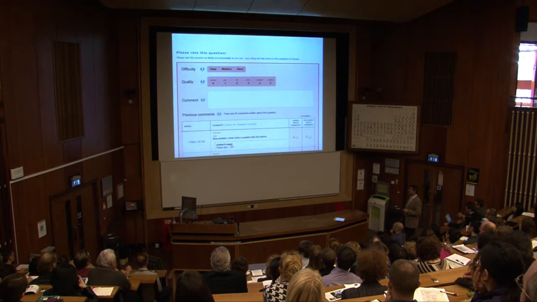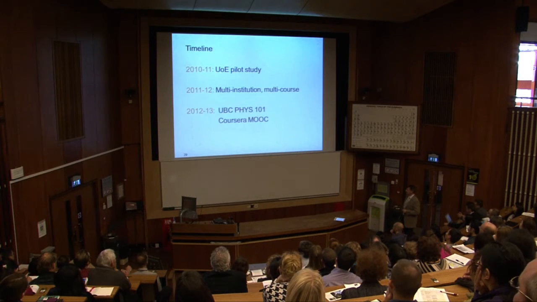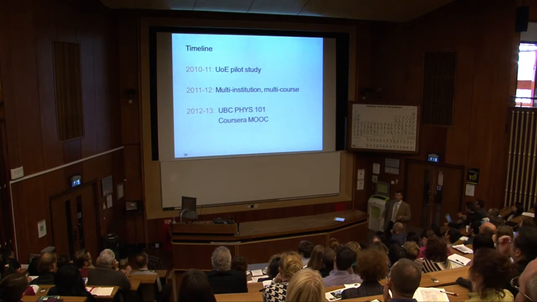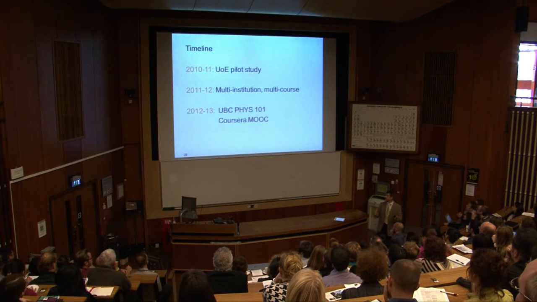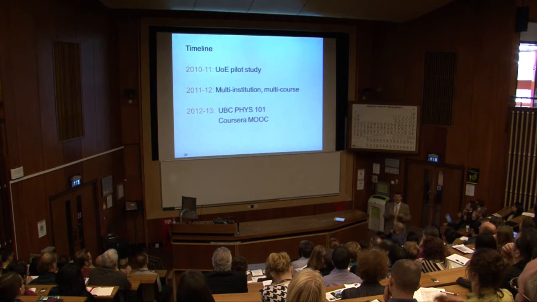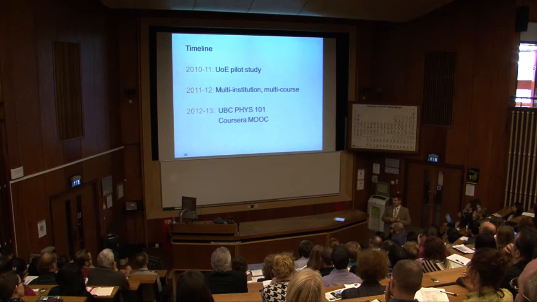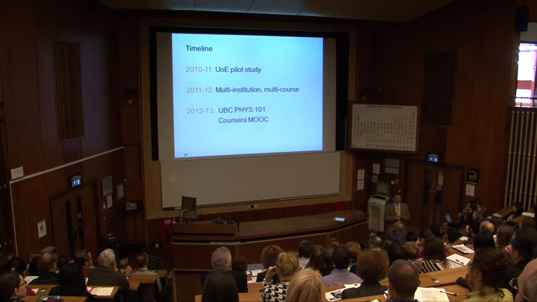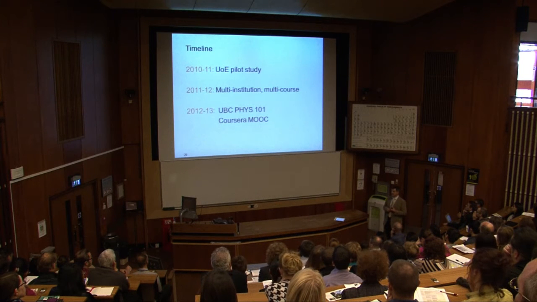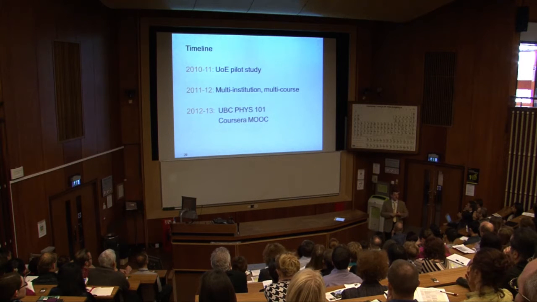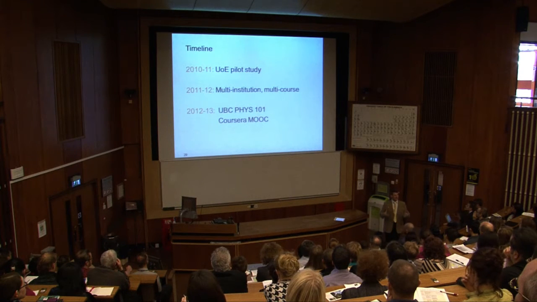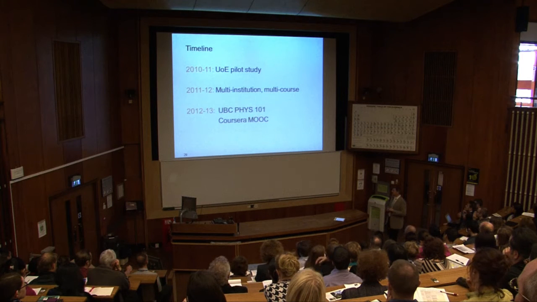In terms of a timeline, this is roughly how it looks chronologically. In 2010, we did a pilot study at the University of Edinburgh. The following year, we got this grant from JISC that you heard about in the introduction to do essentially a multi-institution, multi-course replication study of the same thing, of embedding it into undergraduate courses.